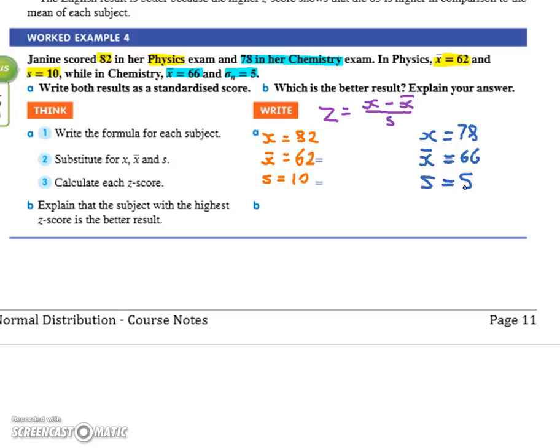Okay, so there we go. We've got the information for both of them. We now just substitute in and solve. So we got Z equals 82 minus 62 over 10. And then for the other one, we've got Z equals 78 minus 66 over 5.